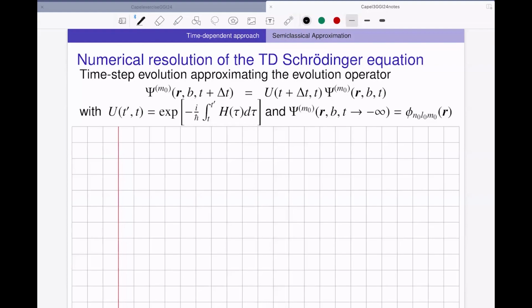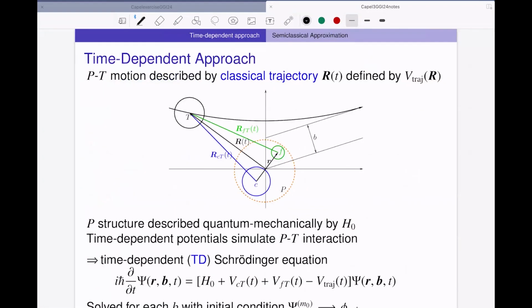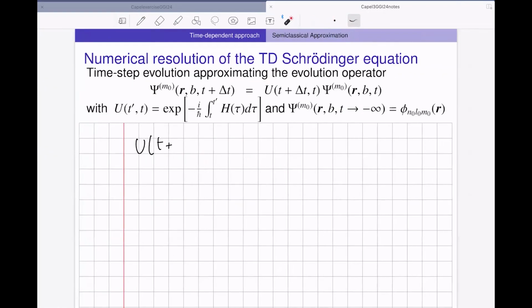So what we usually do is two approximations. The first one is to split this Hamiltonian, because the Hamiltonian has two parts. You have one part which is H naught, the Hamiltonian describing the projectile, and then you have another part which is related to the interaction between the projectile and the target.